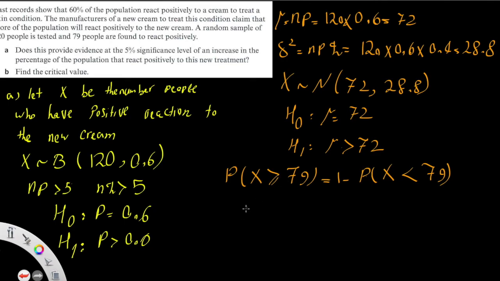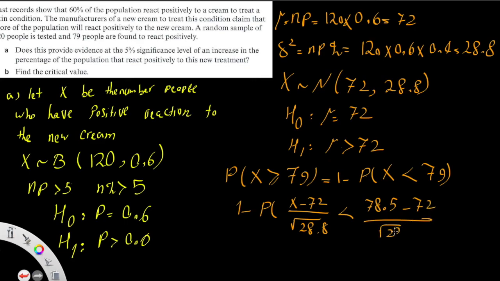Now after using continuity correction, it will be probability of x minus mu, which is 72, over radical 28.8, less than 78.5 minus 72 over radical 28.8, which will be 1 minus phi of 1.211.